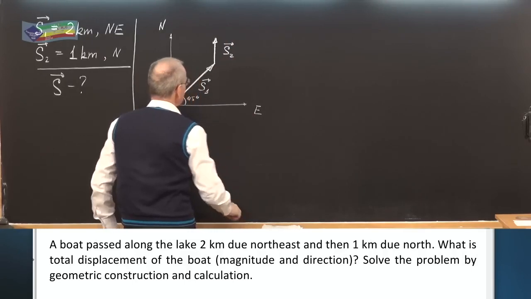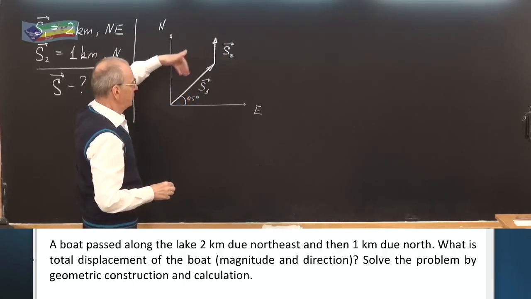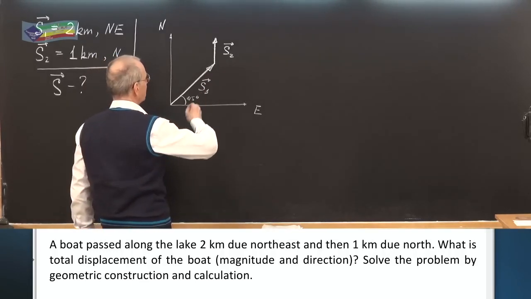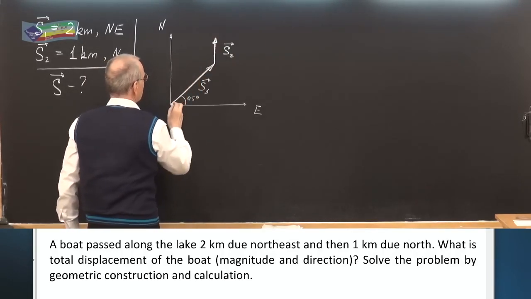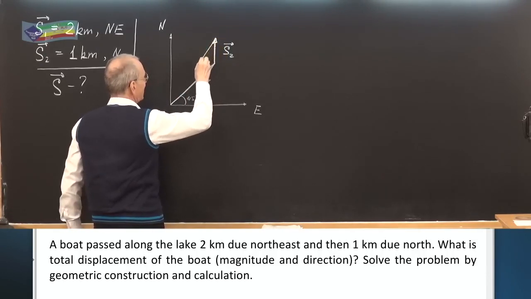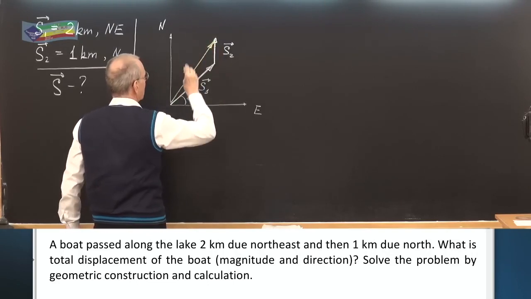So the resultant displacement is the sum of these two vectors, and we use the triangle method of addition of vectors. The tail of the second vector we connect with the head of the first vector.